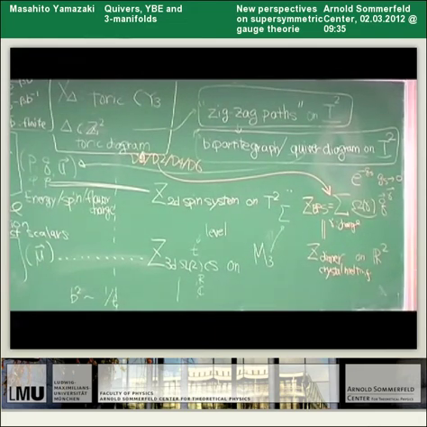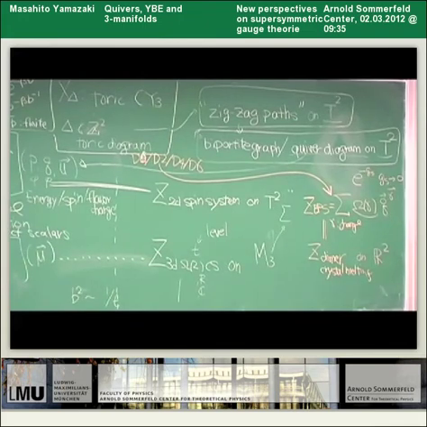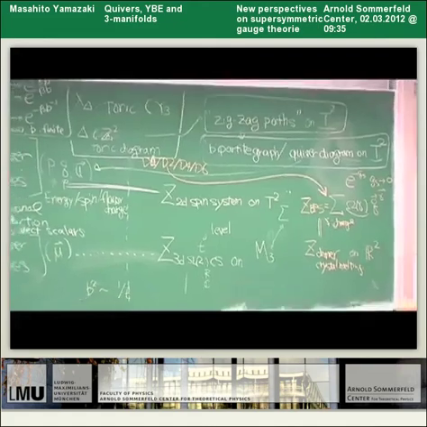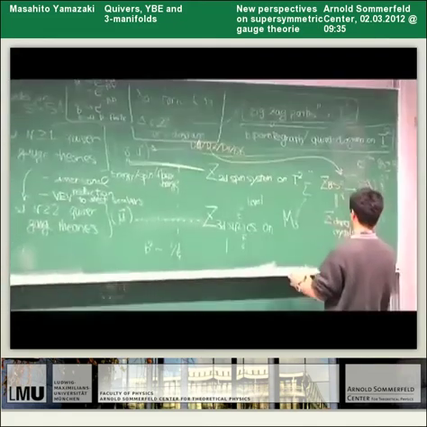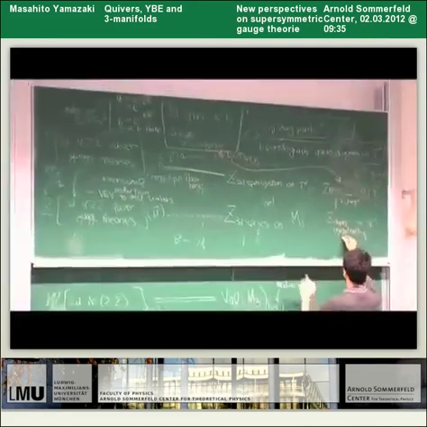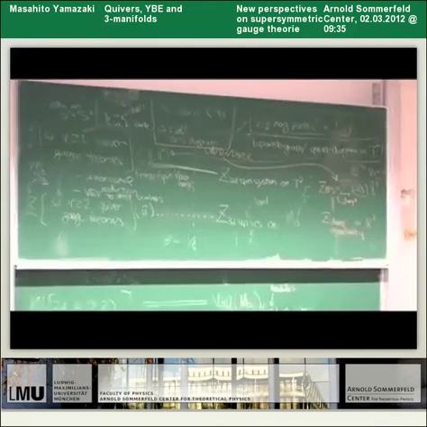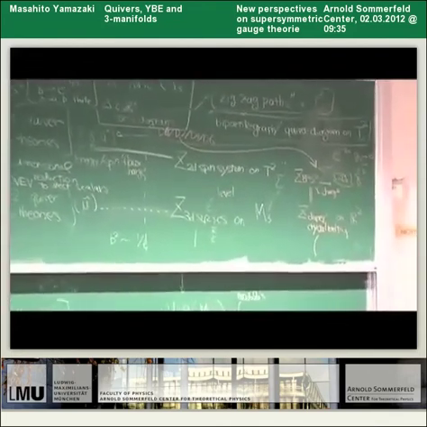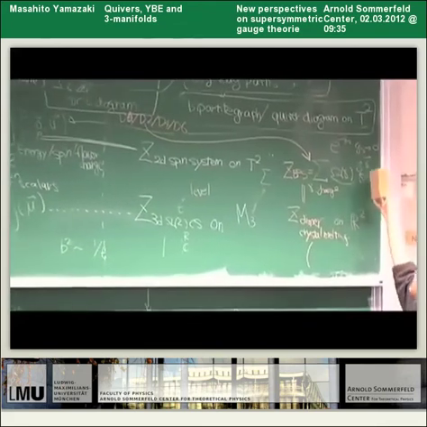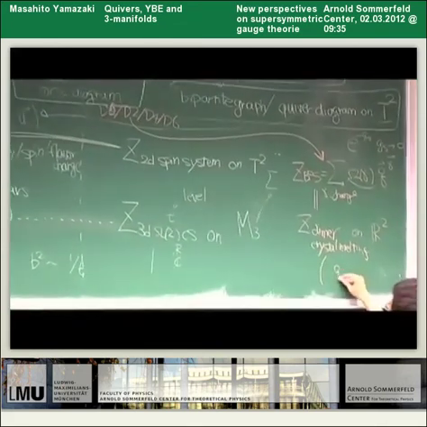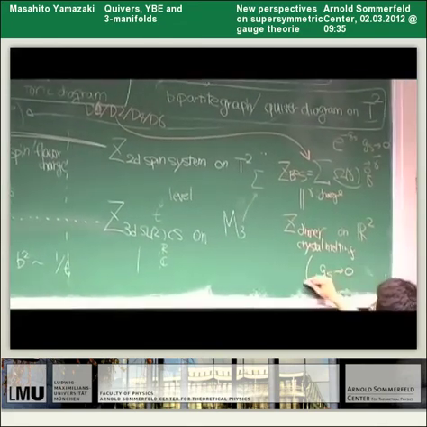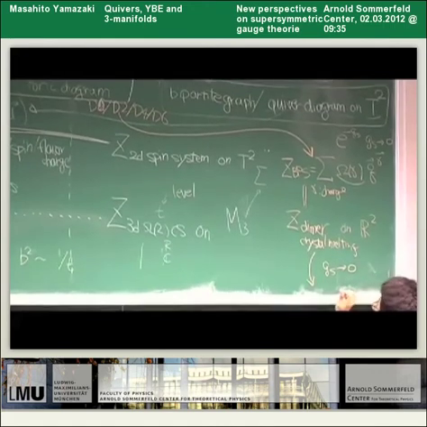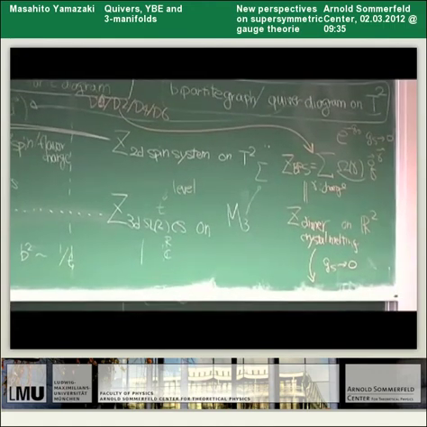And that's the limit where this crystal smooths to a smooth geometry. And of course, if you compute the partition function in this limit, it diverges because all the chemical potentials go to 1, but we can regularize it.